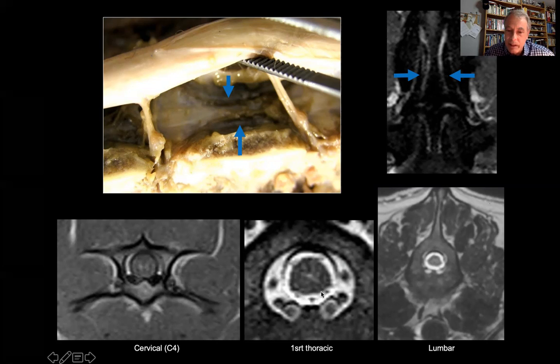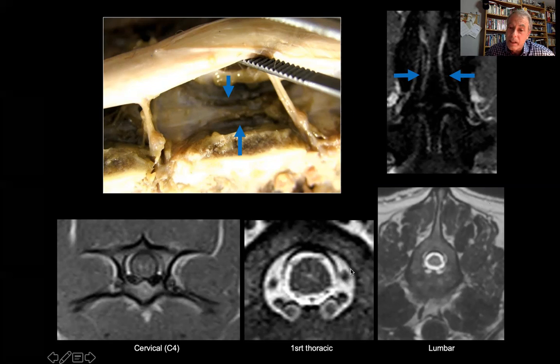Okay, again, we see at the level of the first thoracic, you see the spinal cord here, the subarachnoid space. Here we have an artery, the ventral spinal artery, okay? And then you see the roots of spinal nerves, the dorsal root and the ventral root.